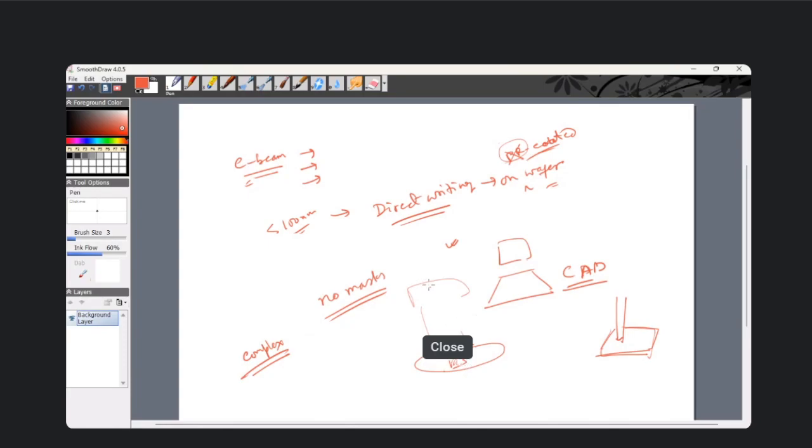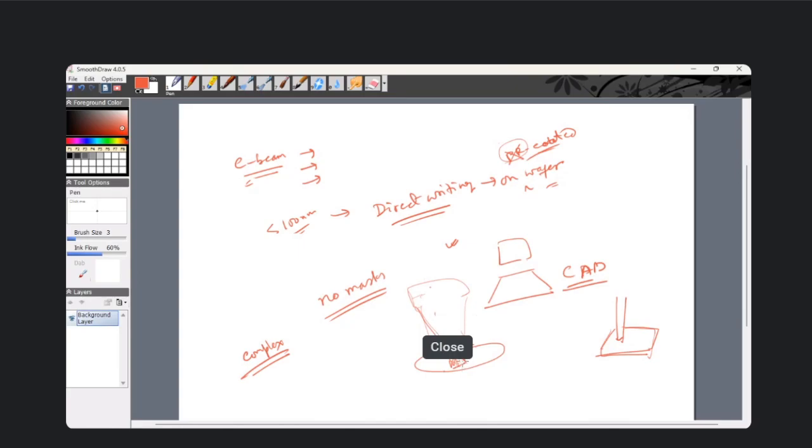So whenever I'm writing something on a die, it is a one-shot system. As you are using light, the whole pattern is projected within a small area. So it's a one-shot system.